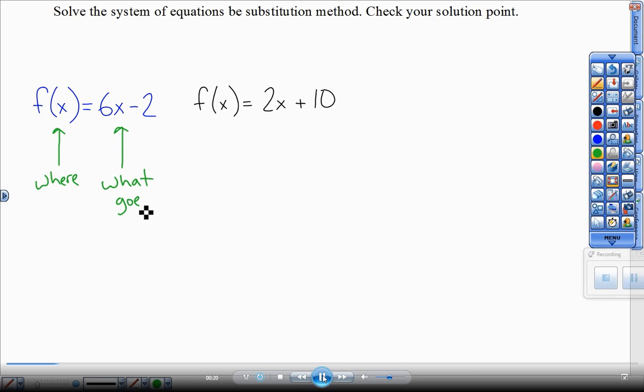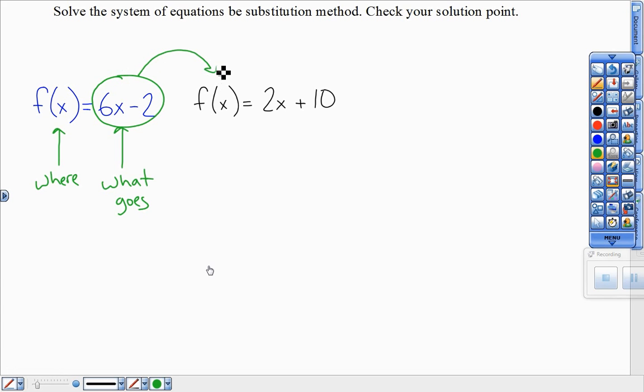I'm looking at the f of x. This tells me where I'm going to substitute in the other equation, wherever there's an f of x, right here. This tells me what I'm going to take and substitute right there. So I'm going to take this and plug this right here. The first word is I.